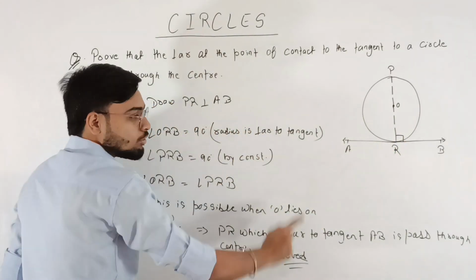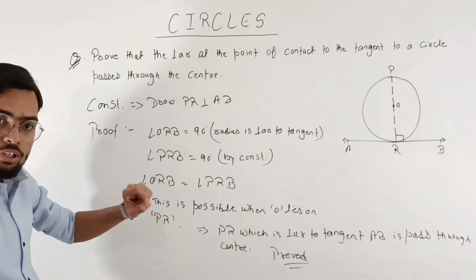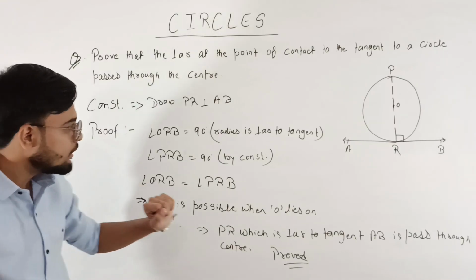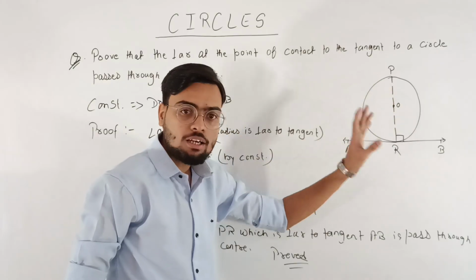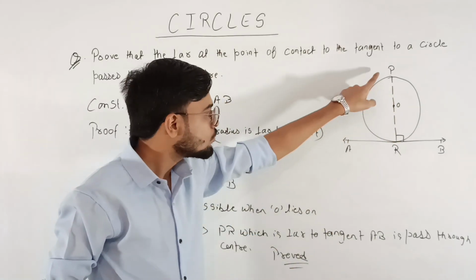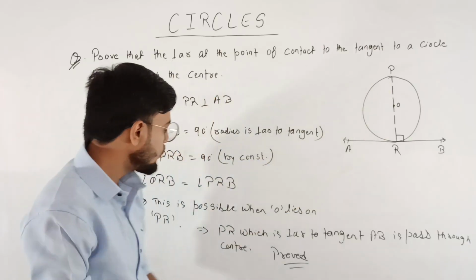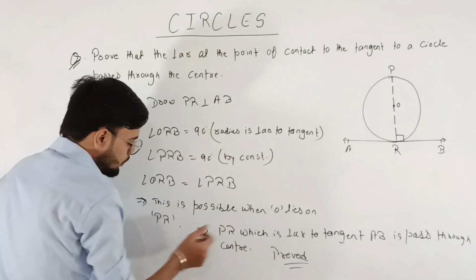Why? Because the radius is perpendicular to the tangent. So now look here, RHS are equal, then LHS is also equal. Now look at ORB and PRB. PRB is this angle and ORB is this angle. These two angles are only equal when O lies on PR. So right here, this is possible when O lies on PR.